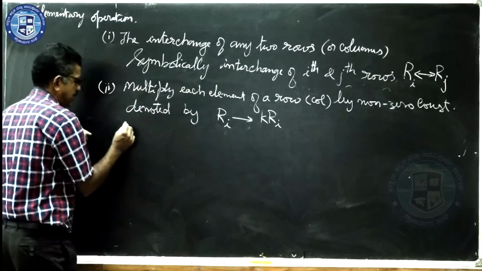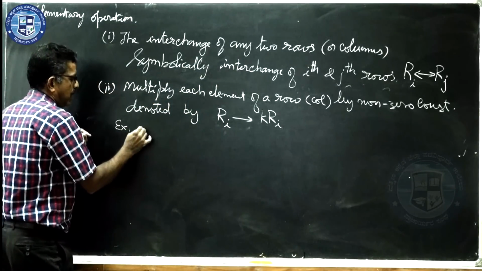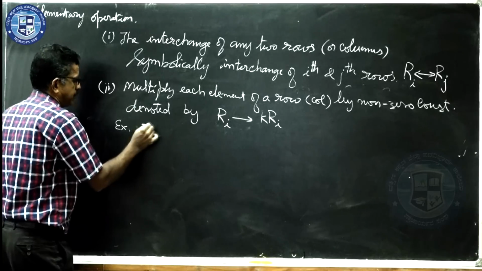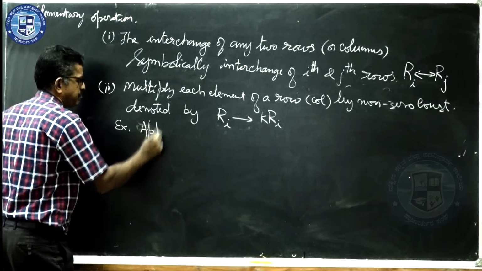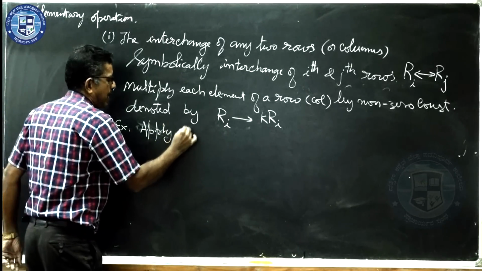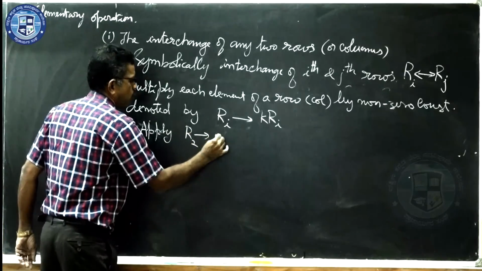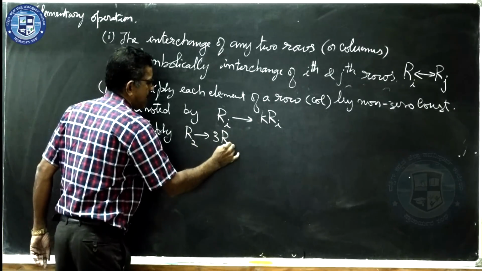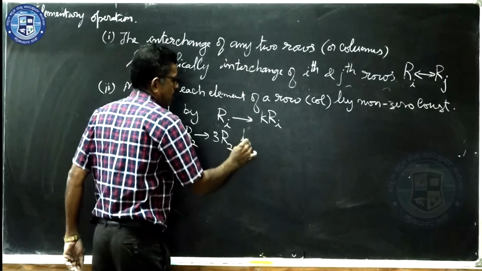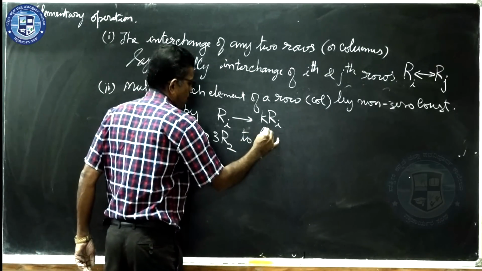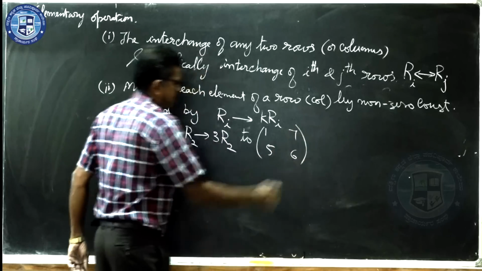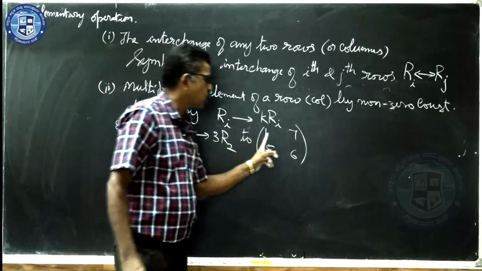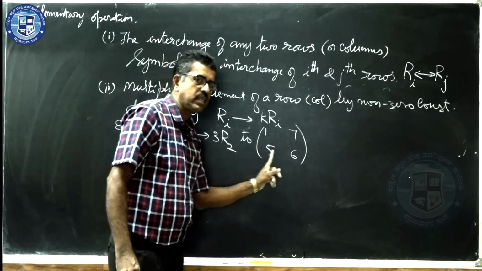So, let me explain with an example. For example, apply R2 arrow 3 R2 to the matrix 1, 7, 5, 6. We have the first row as 1, 7 and the second row as 5, 6.